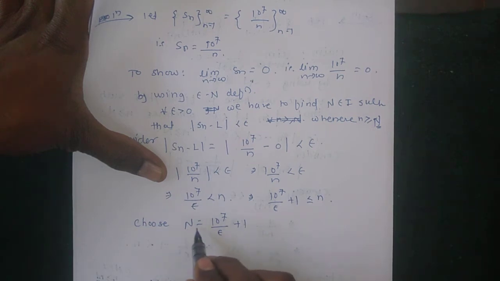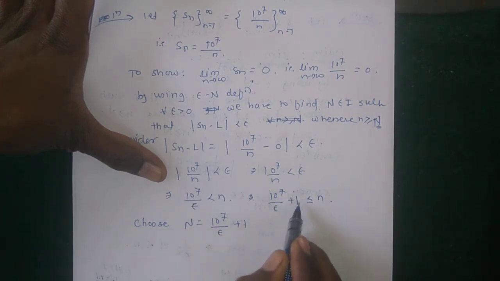Why are we choosing N equal to 10^7/epsilon plus 1?